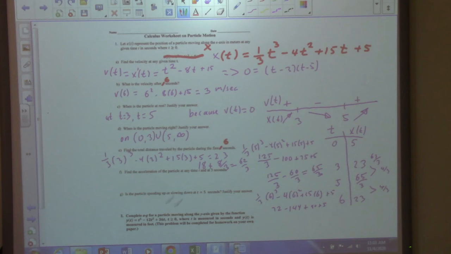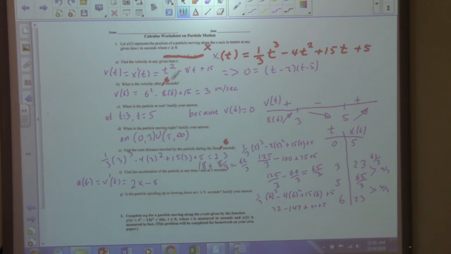Okay, next, find the acceleration of the particle at any time and at t equals 3 seconds. How do we find that? Find the derivative of velocity. v prime of t equals x double prime, 2t minus 8, right?